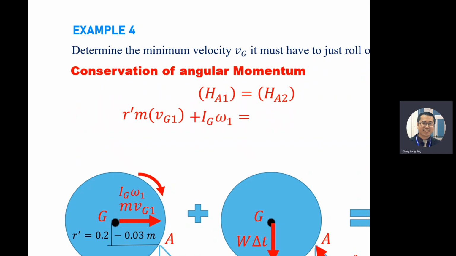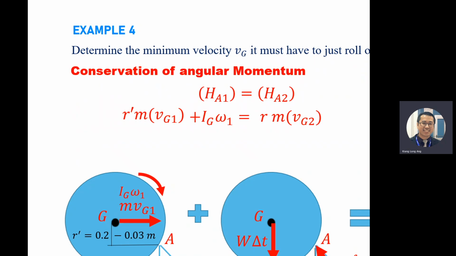Angular momentum equals mv multiplied by r. Momentum is mv. If you need to add the word angular, it means you add the arm, mv multiplied by the arm. And then this one is I omega. You look at this one.